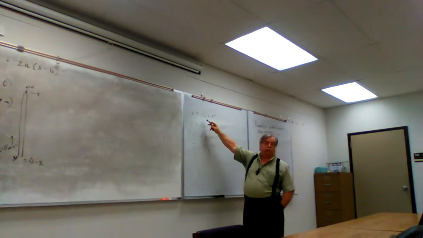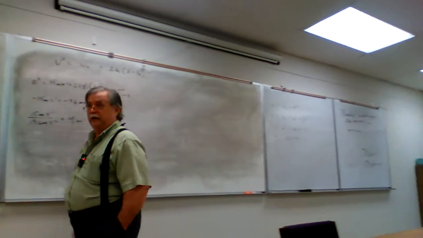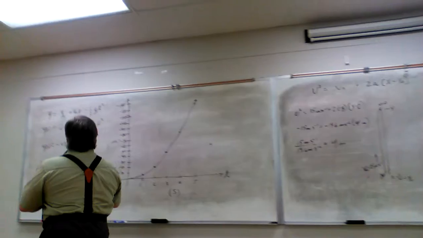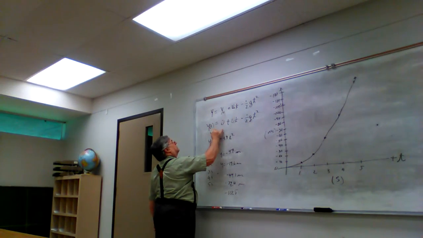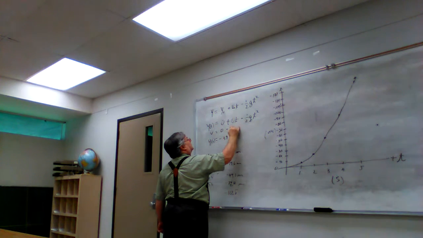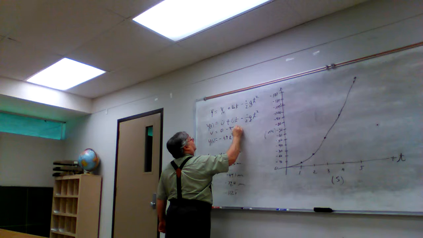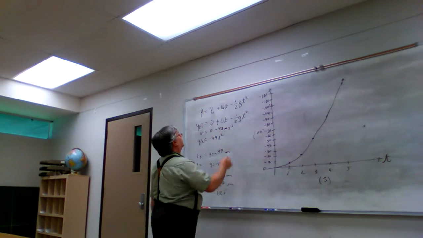We start at 0, and the acceleration is minus 9.8. So now we're going to write v equals 0 minus 9.8 meters per second squared times seconds, right?